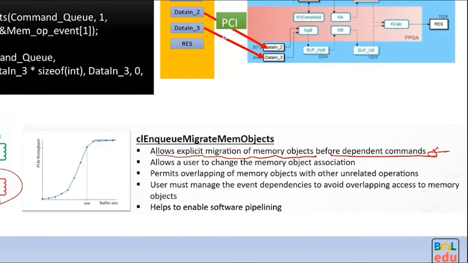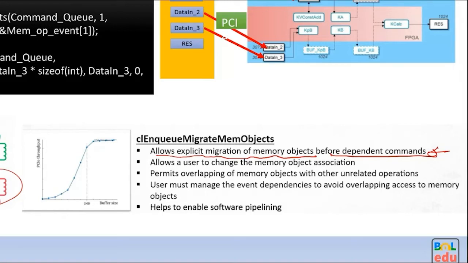So that means you can specify all the dependencies there and let the XRT actually do the data buffer movement. The XRT will depend on the resource availability and other synchronization events, and automatically execute that.